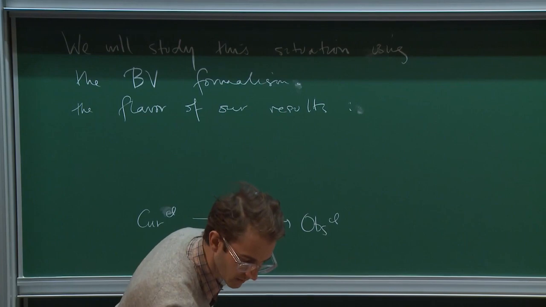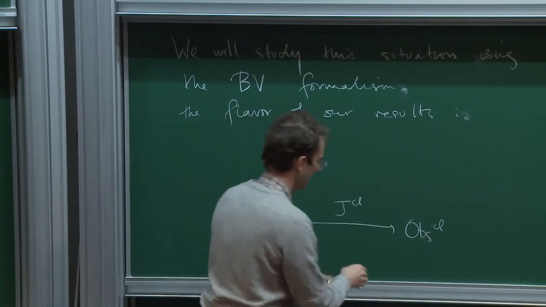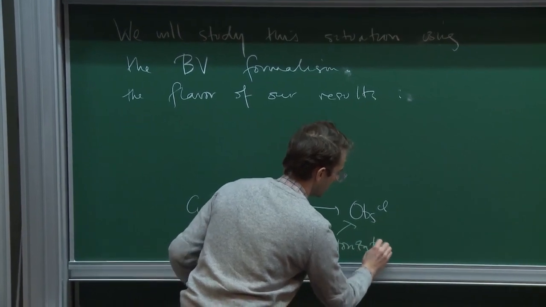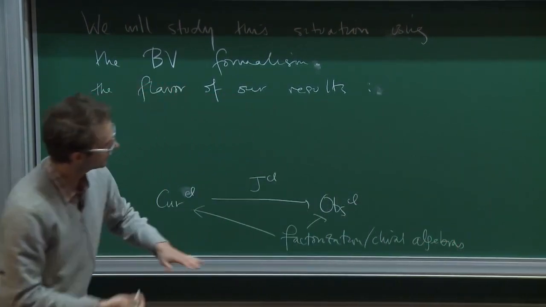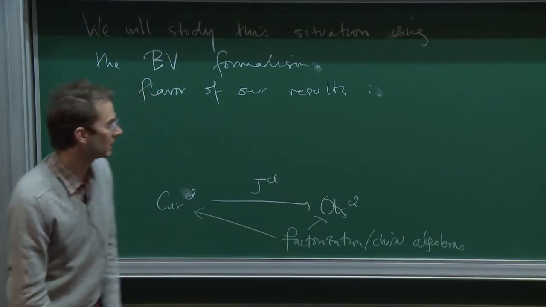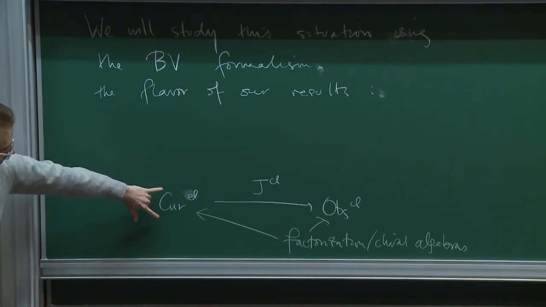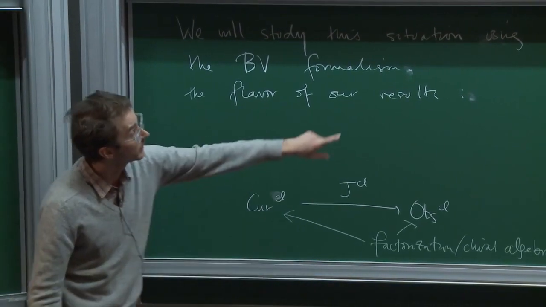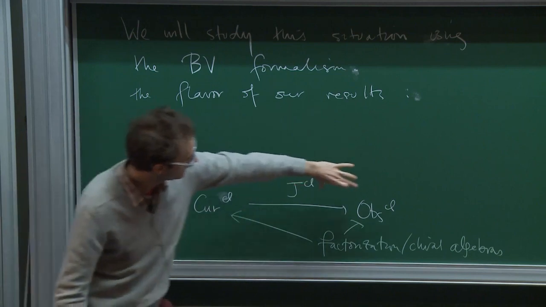So there are these factorization algebras, or chiral algebras. And this one is supposed to be the observables of the classical field theory. So it's the commutative algebra of functions on the fields with some extra structure. Now there's also another chiral algebra. This is CUR for currents, these classical currents, which are sort of determined by the symmetries. The idea is that there's a map that takes every symmetry to an observable.